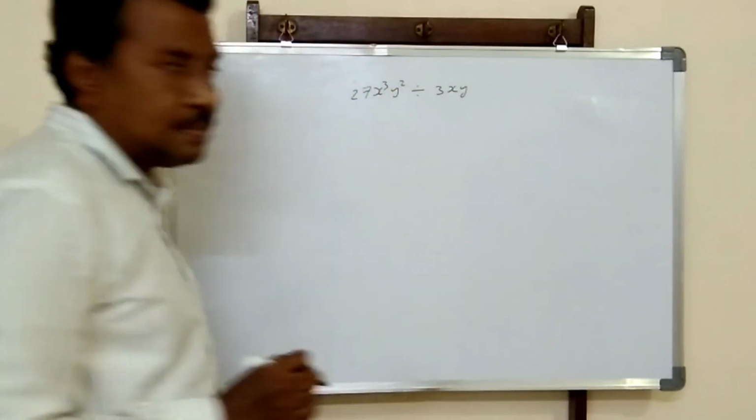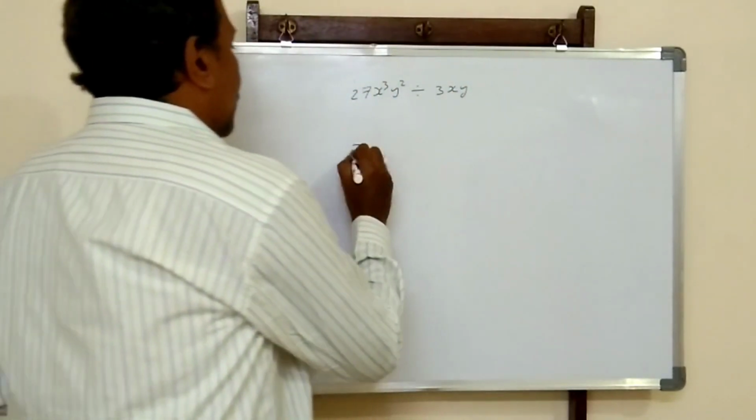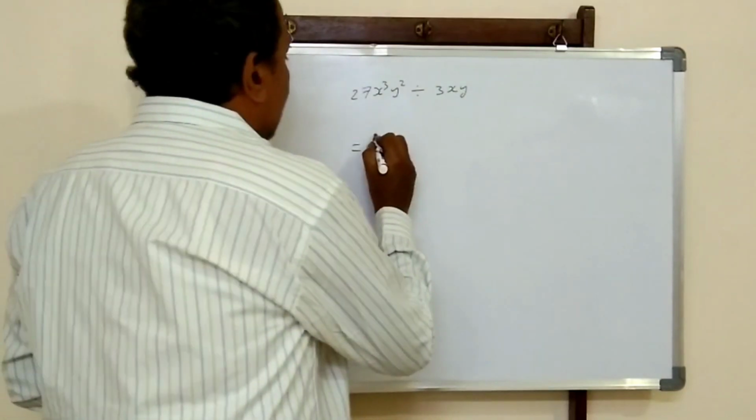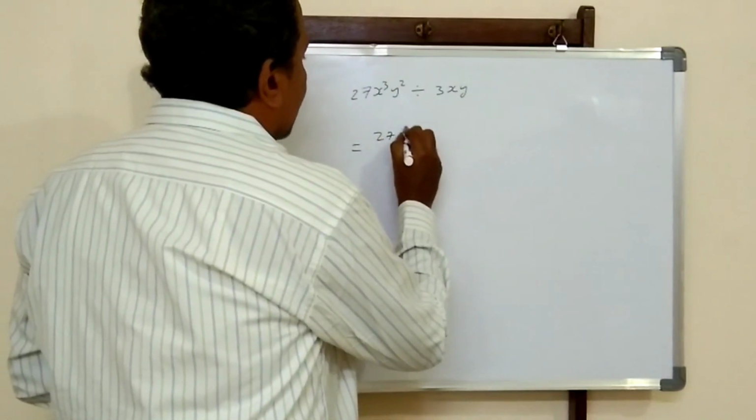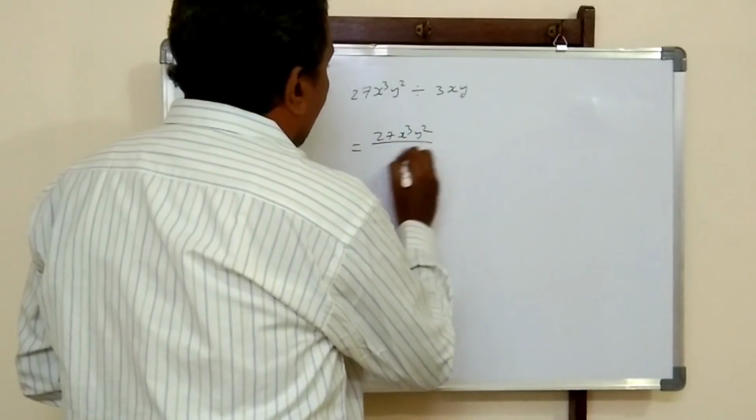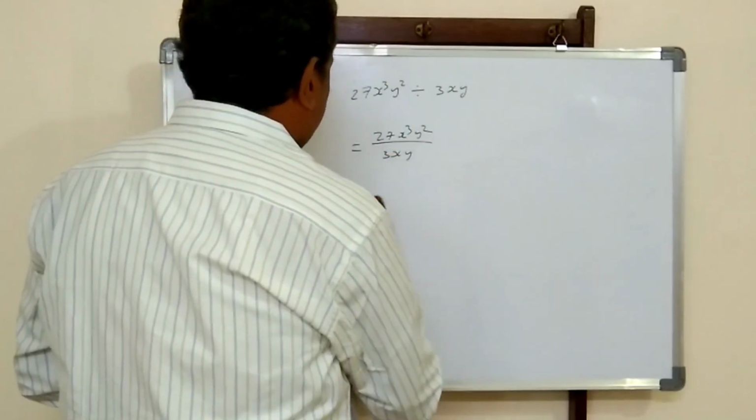So write this like this: 27 x cube y square divided by 3xy.